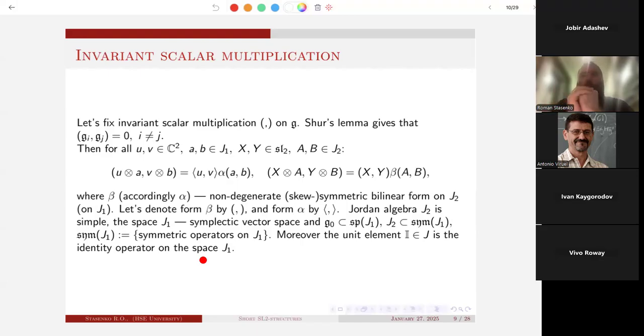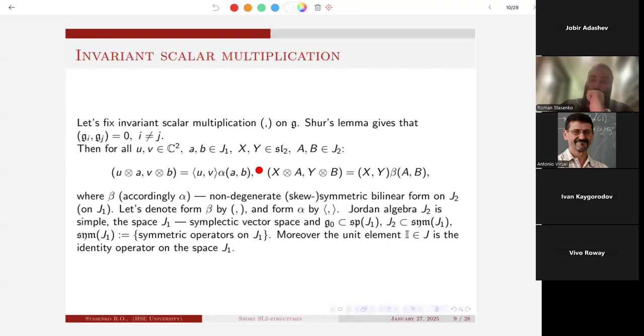We can fix it with such a multiplier, and from Schur's lemma we can see that the scalar products of the different summands of our decomposition are orthogonal to each other, and this gives us the scalar multiplication on the spaces G1 and G2.